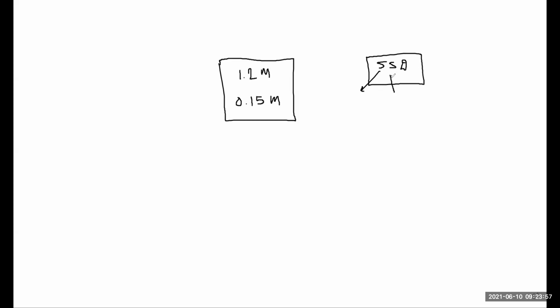Next, I also gave other names of SSD. First name I gave SSD is absolute minimum sight distance, and second one is non-passing sight distance. I gave the name absolute minimum sight distance because among all the sight distances I already discussed, five types of sight distance: SSD, OSD, ISD, these are different types, the value of stopping sight distance comes out to be minimum.